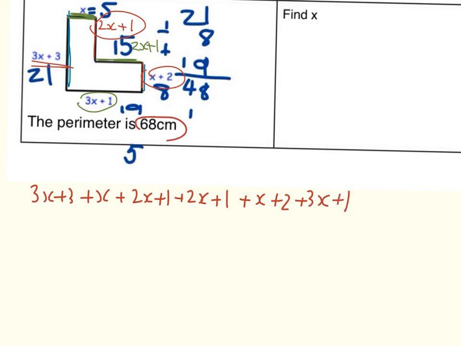And all of that is equal to 68 centimetres. Now, if you simplify this and you still find it's going to equal 68, what you've really got is you need to solve an equation to find x. So you've got 3x, 4x, 5, 6, 7, 8, 9, 10, 11, 12x, and then you've got to add these numbers and you'll get your equation. See how you do.